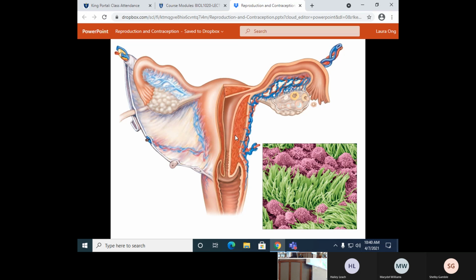And this layer of it is muscle. Right here, where you see this red layer that looks like muscle, draw a line from that out to this space and label that as myo for the muscle, myometrium. That's the muscle layer.